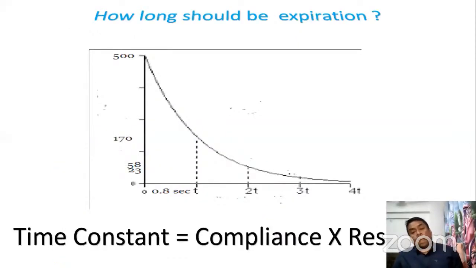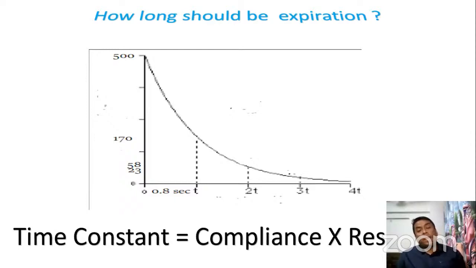The product of compliance and resistance is called the time constant. The concept of time constant has come from the decay of radioactive materials. We can use it here during expiration also. Time constant means in constant time, a constant volume will be expired.